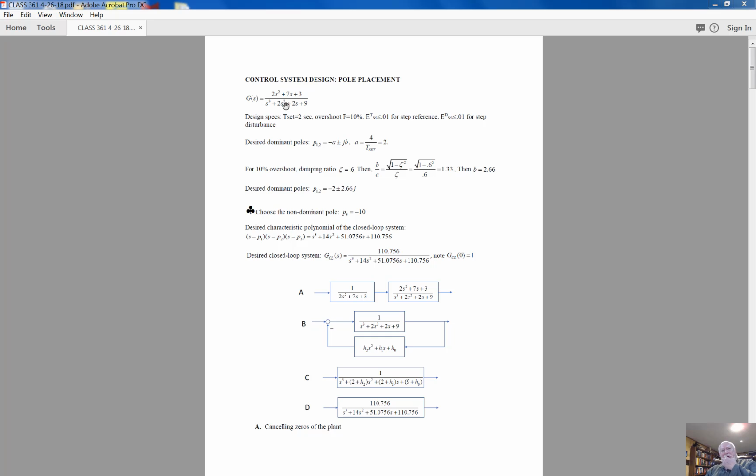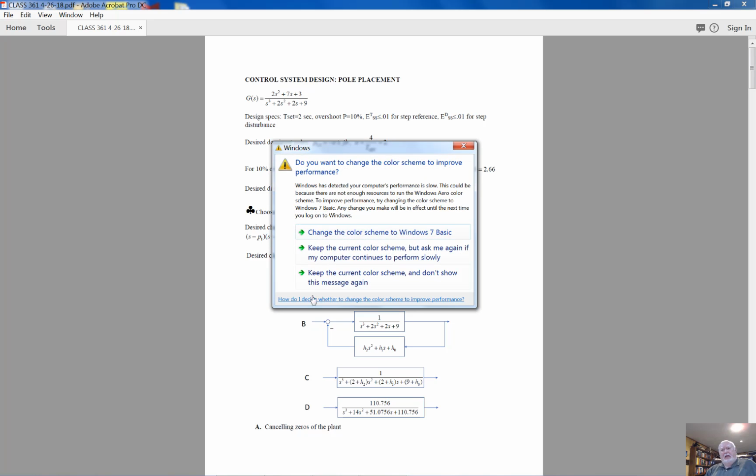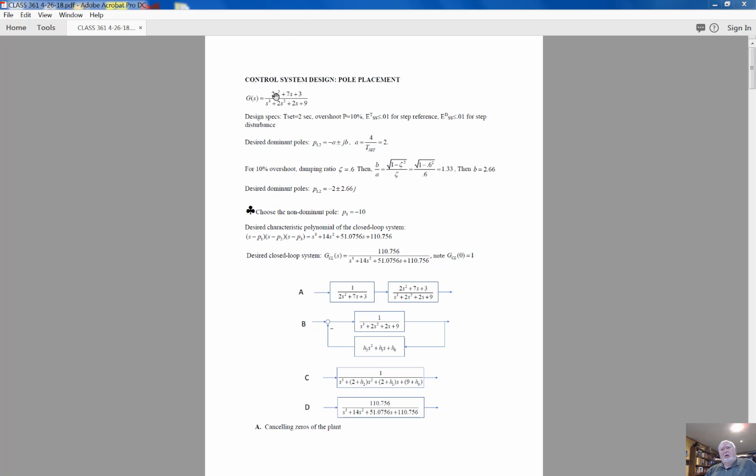The stability issue of the controlled plant I'm not discussing with you. However, I want to make sure that there are no right-hand side zeros in the transfer function of the controlled plant, and there are none. The design specifications call for the settling time in the closed-loop system of 2 seconds and the overshoot of 10%.